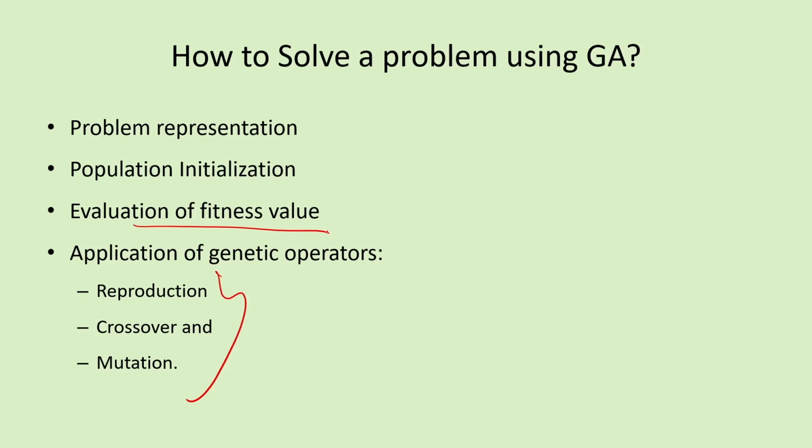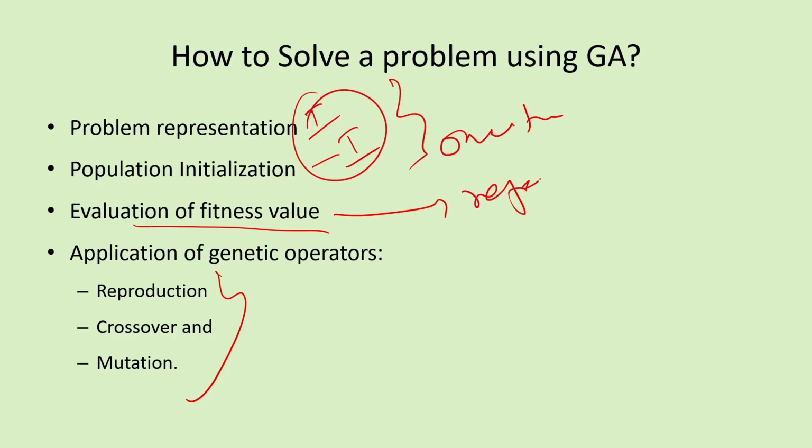There you need to stop the process. The first two are one time steps and the others are repeated steps. Finally you get the answer without compromising any other constraints or conditions imposed on the problem.